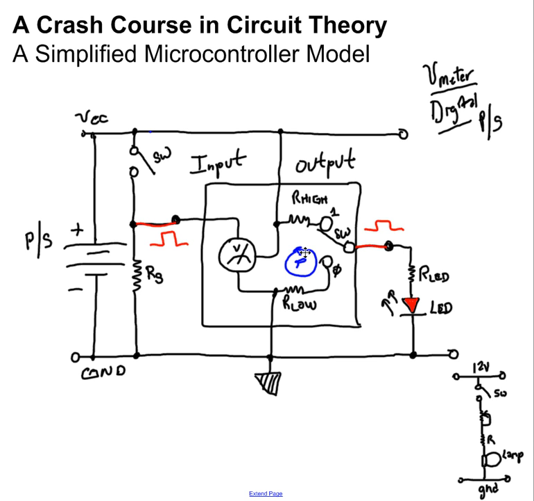So at this point, we can say that this is a complete digital control system because our input is digital and our output is digital. For analog voltages, we would need a lot more components around this simplified microcontroller model.